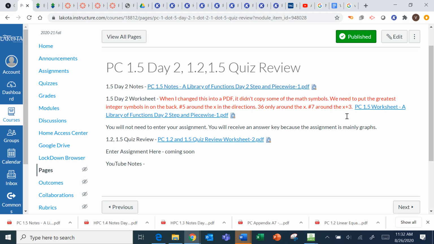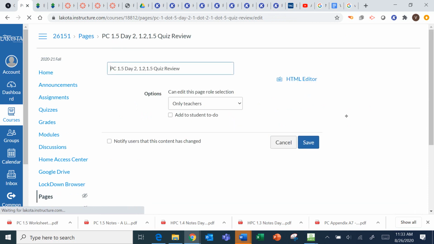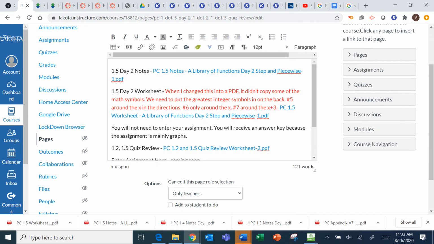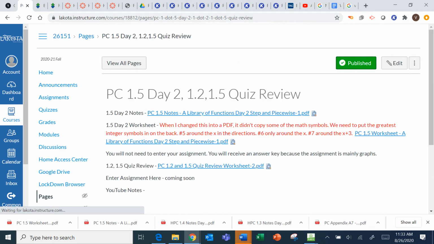It says number 5 is just around the x, but number 6 only around the x. Number 7 is around the whole x plus 3.